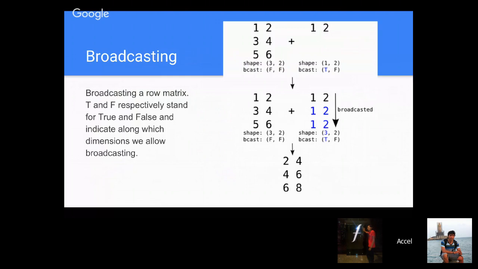In the example given here, you have a 3x2 matrix on the top left, and you want to add that other vector, which is just a 1x2. You would broadcast the values in that vector, and then you can perform the calculation.